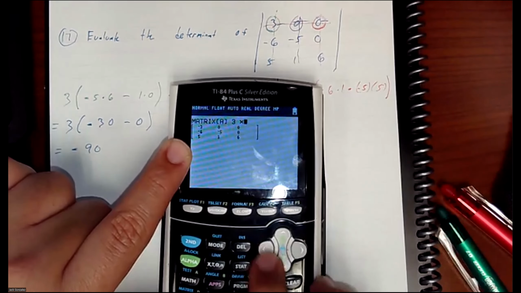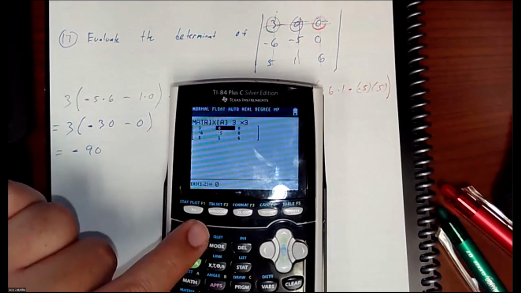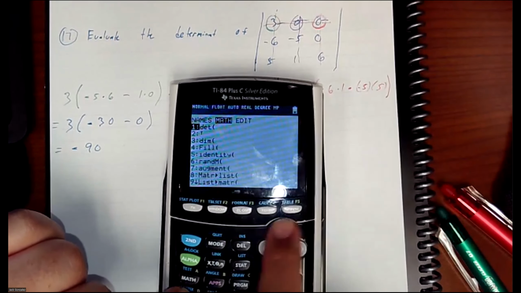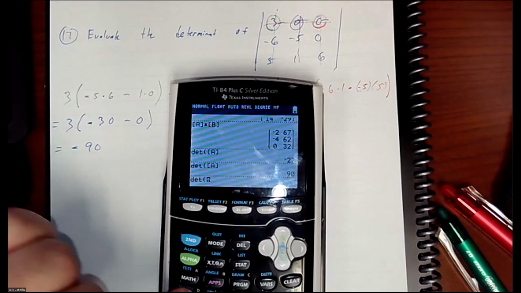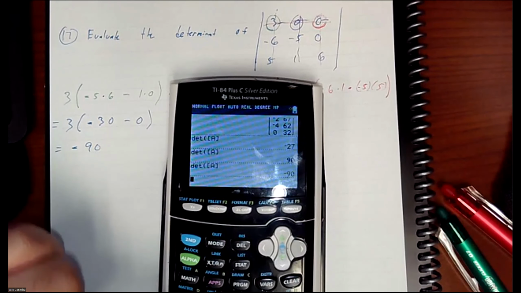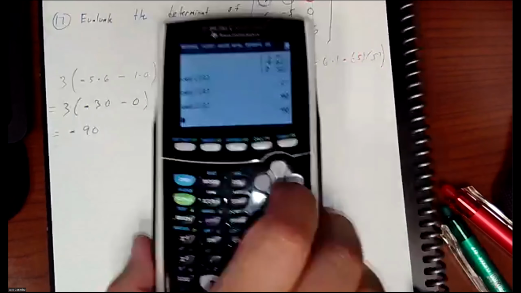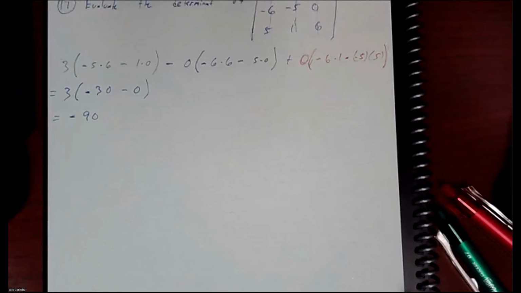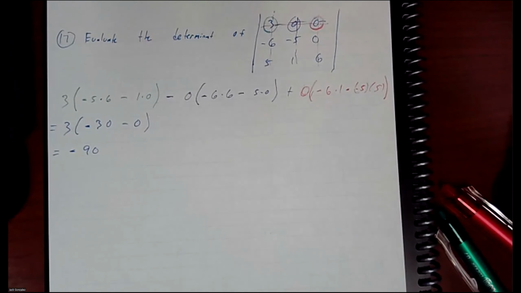Well, that should be a positive 3. Go back into the menu. Look for determinant. Choose your matrix. All right. Any questions on determinants? Either 2 by 2 or 3 by 3.